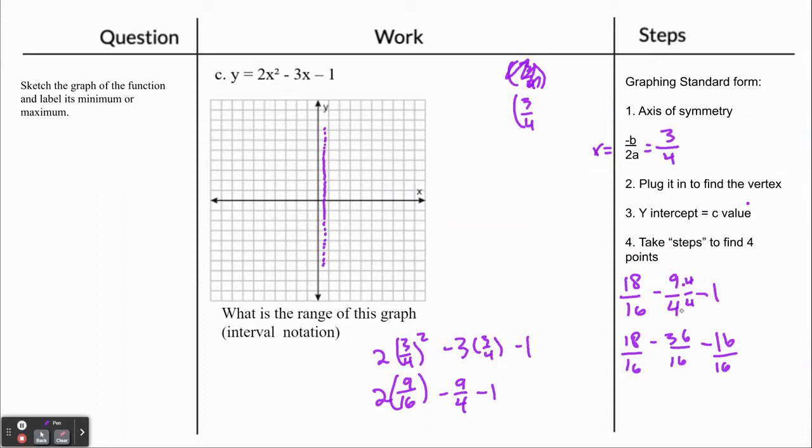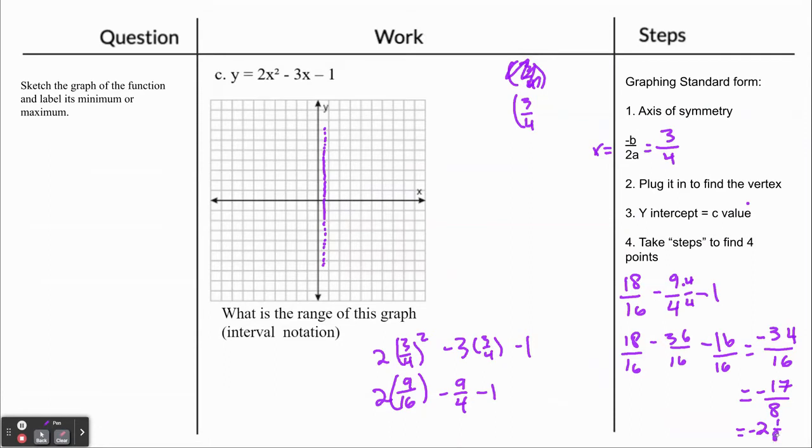And if we're going to subtract 16 from negative 18, we get negative 34 over 16. And now I'm going to simplify this a little bit here, which is going to give me negative 17 over 8, which is actually negative 2 1/8.